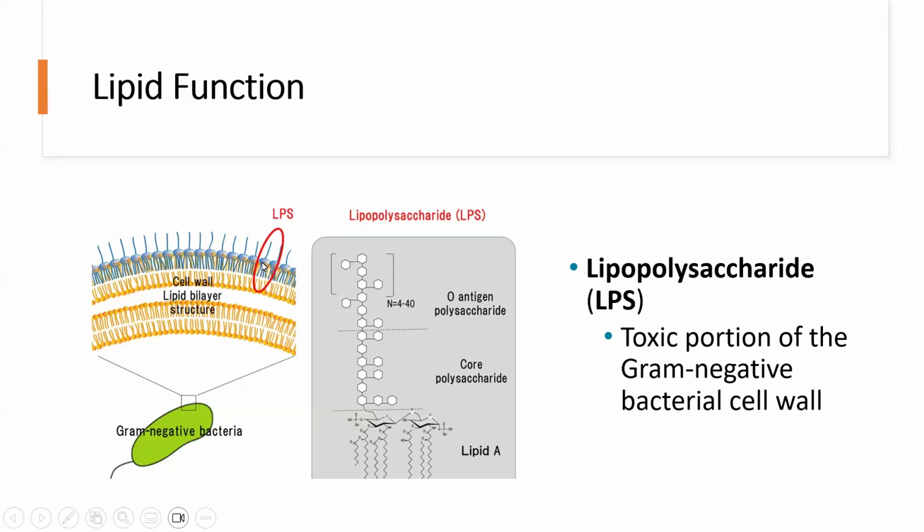This is the toxic part of the gram-negative bacterial cell. So you'll find these on gram negatives. And when it gets released into the body, it can cause a toxic effect to the individual who's infected with this organism.